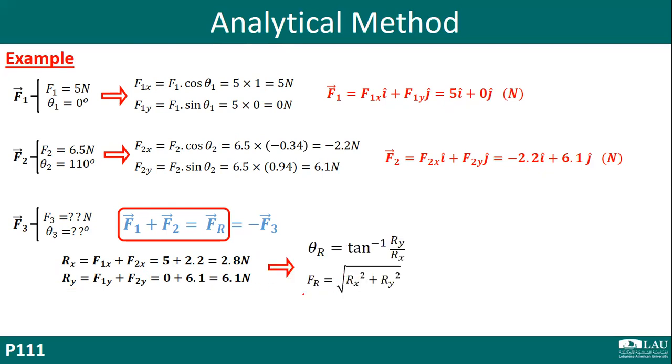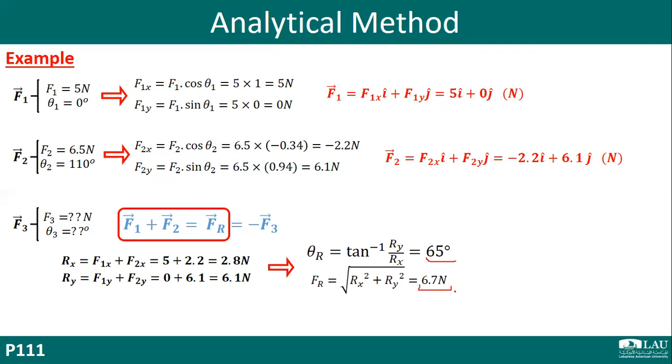So the magnitude is the radical of the x component squared plus the y component squared, and the angle, the direction, is tangent inverse of Ry over Rx. So the direction of FR is 65 degrees and the magnitude is 6.7.